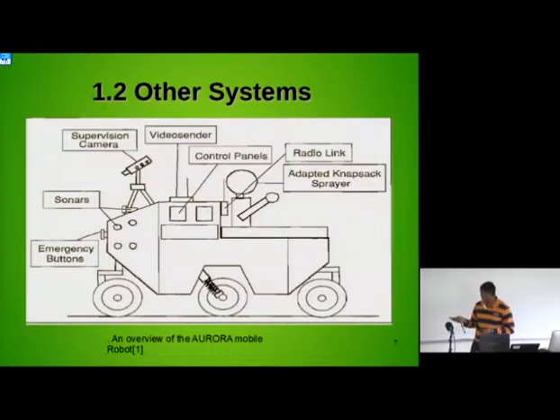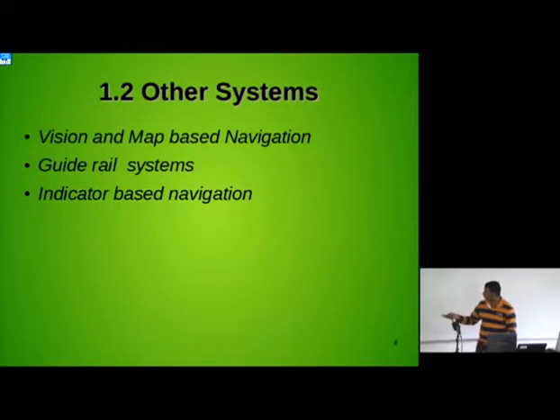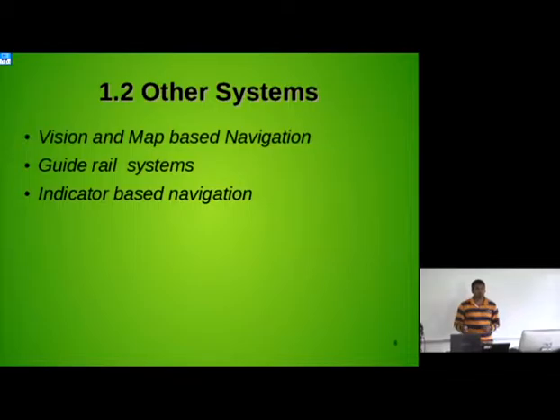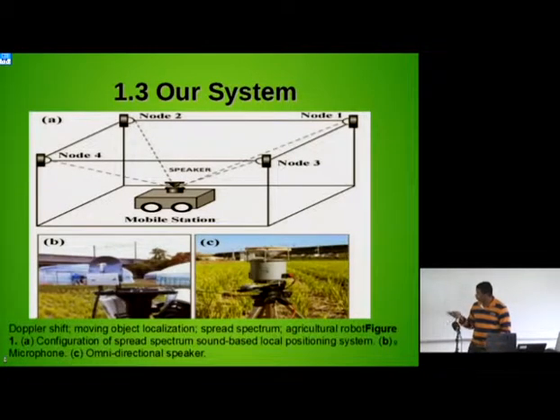And there's another system which uses a guide rail system, the rail system here, and an indicator-based system where we place different indicators in the path so the robot can know where it is. So this is our system.